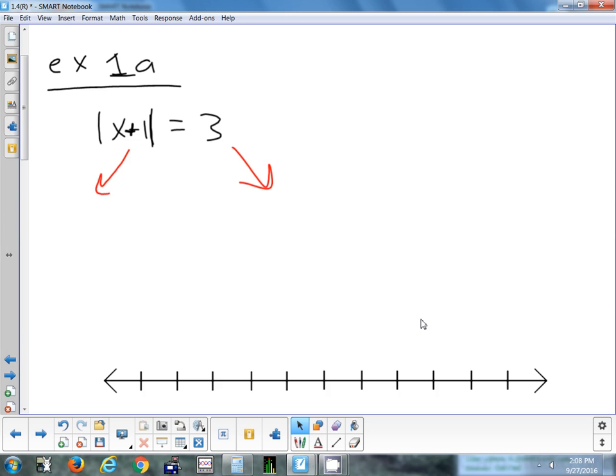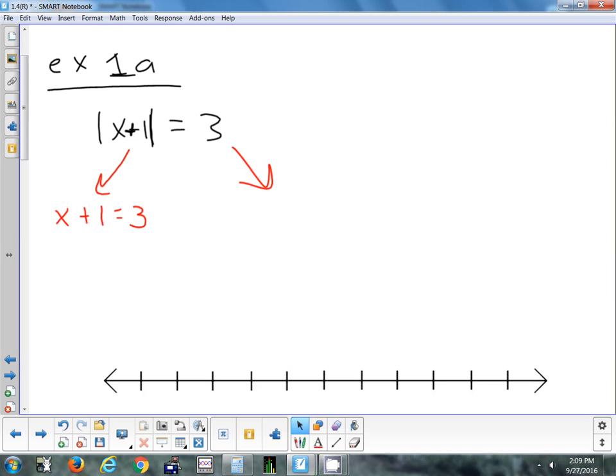Jordy, you're my expert to write that first equation. What do I write? X plus 1 equals 3. Yep, same exact. Perfect. Derek, what do I write for my second one? Yep, my second equation.